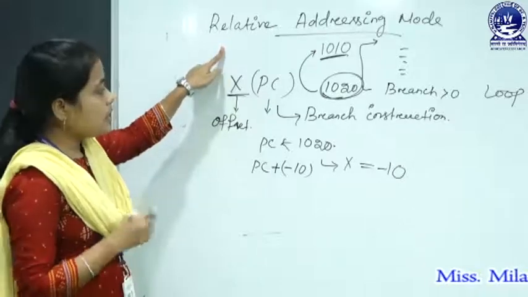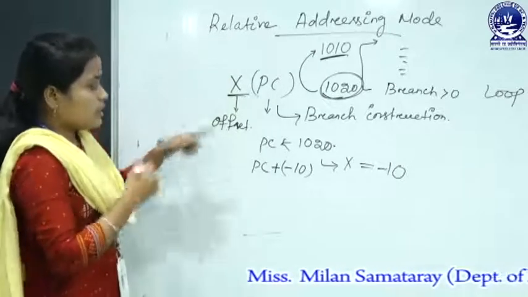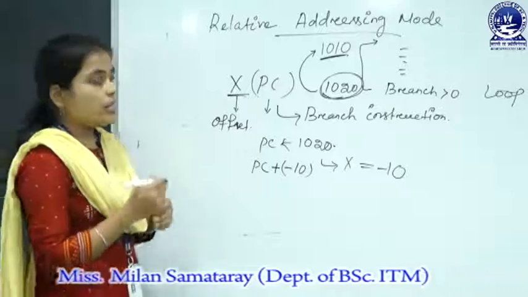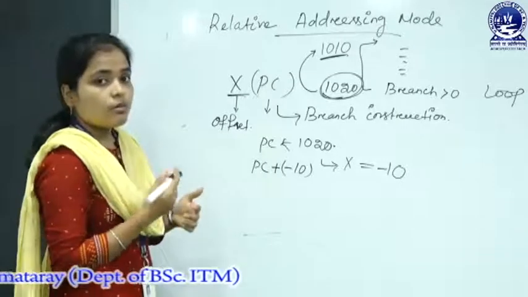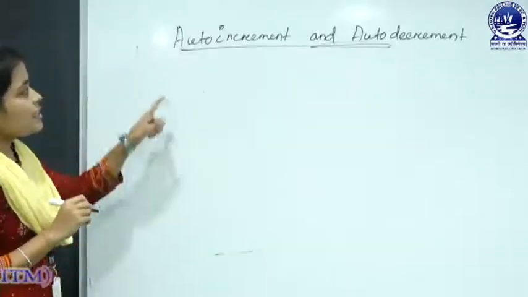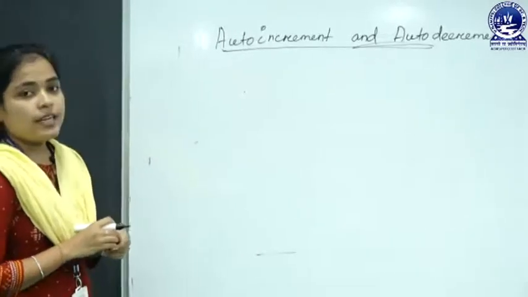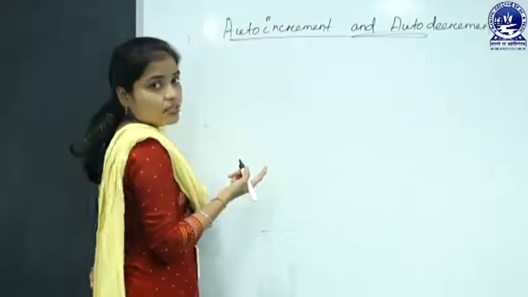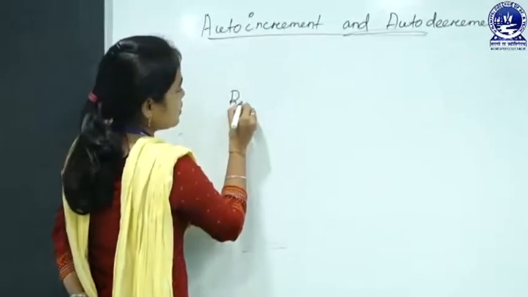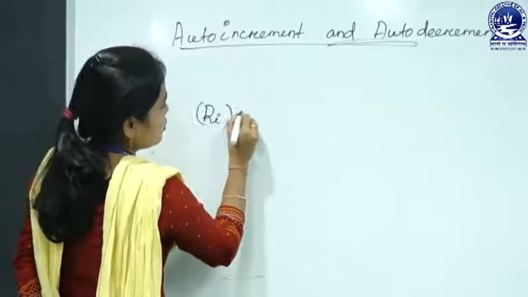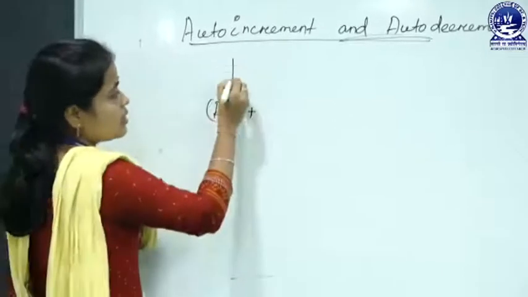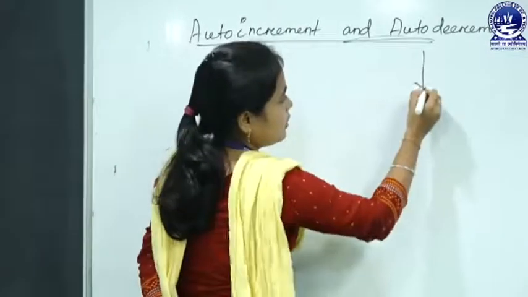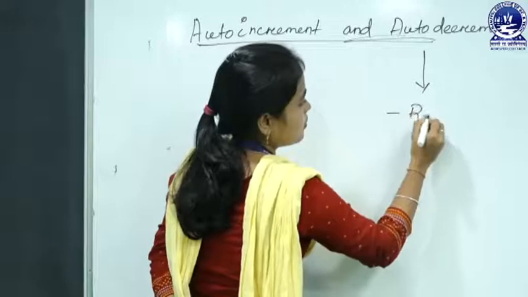And we use this only to increment or change the content of PC. The next is the auto increment and auto decrement addressing mode. This addressing mode is used like this: auto increment is like this and auto decrement is like this.